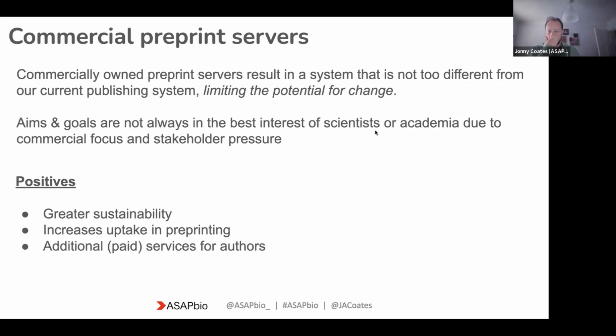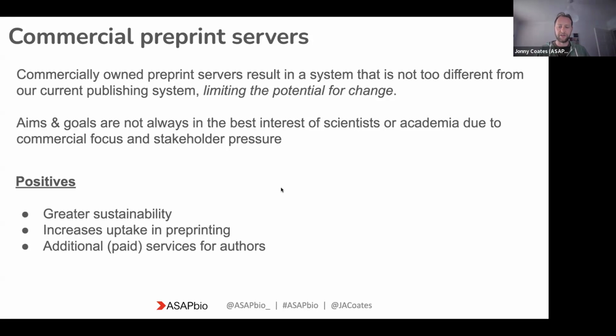The other thing here is positive or negative, depending on your view, but these servers often offer additional services for authors. These are always paid services, but it can be things like copy editing, language help, or other things. Often when you upload to one of these servers, you might be bombarded with emails with people trying to offer you services.